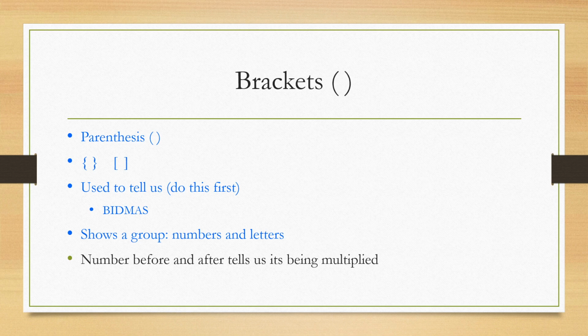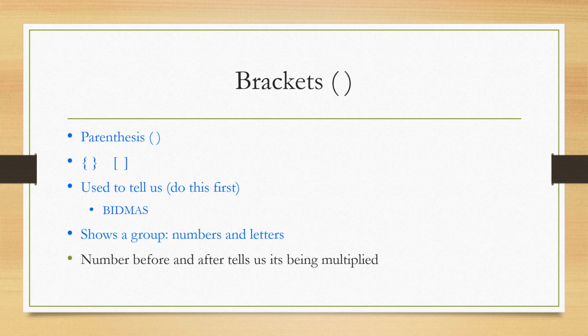The number before and after the bracket tells us if it's being multiplied. When I say the number before and after, I mean if you have a bracket and before the bracket there is a number, but after the bracket there is an operation like a divide sign, plus sign, or a subtraction sign.